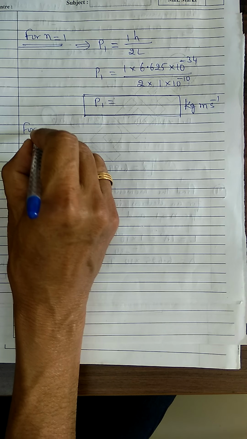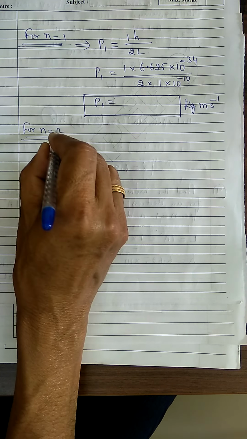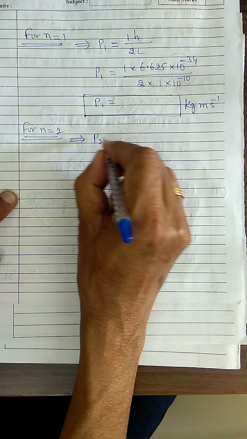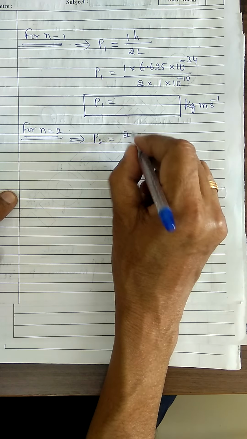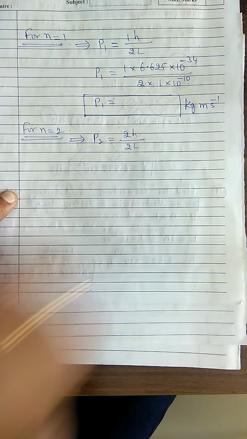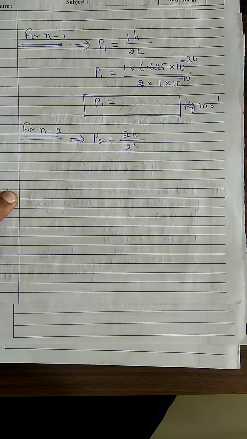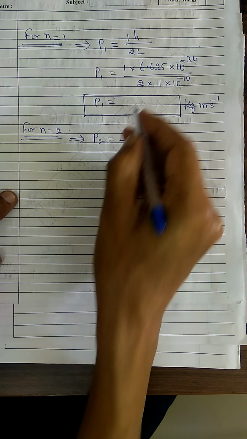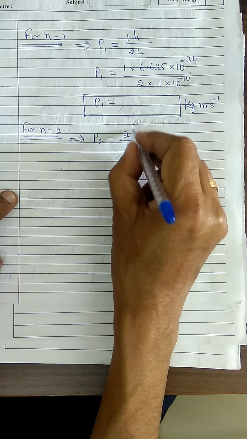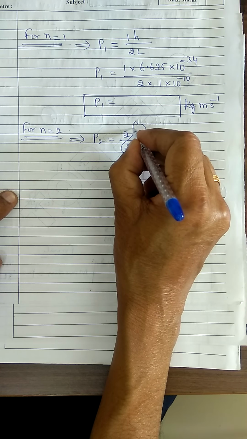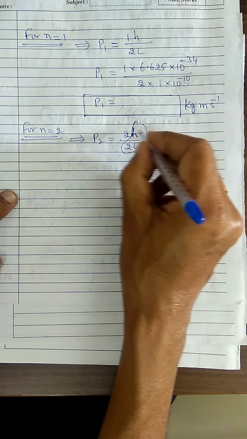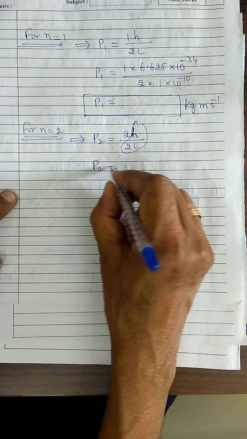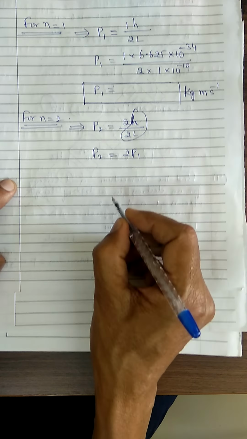For n is equal to 2, P2 is equal to 2h divided by 2L. h by 2L we already got; that is equal to P1. Therefore P2 is equal to 2 times P1.